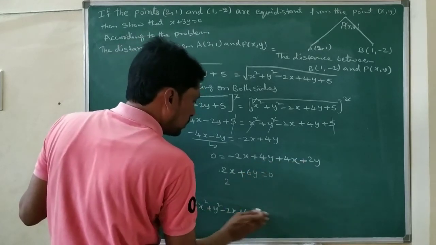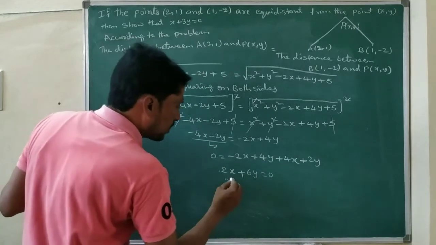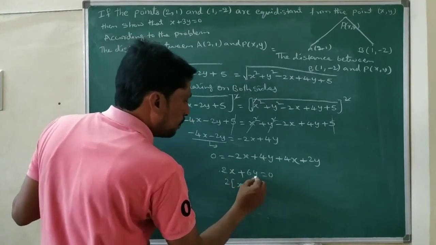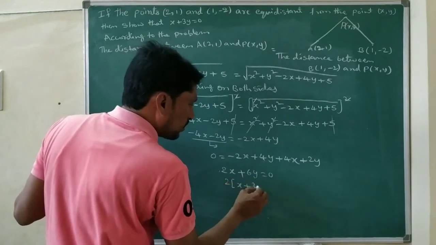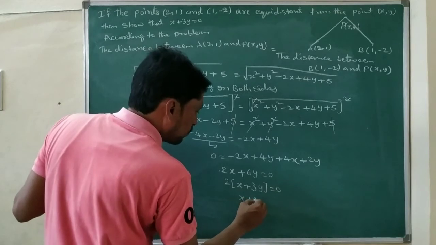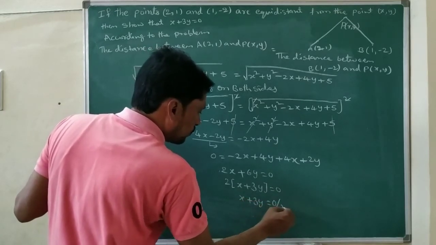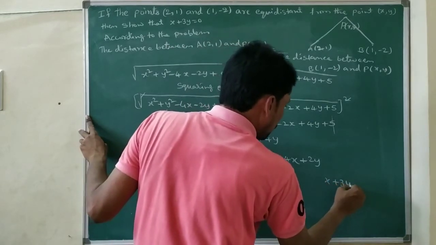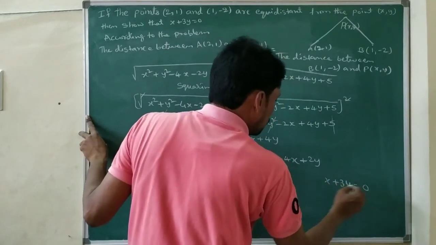2 you can take common. So we are taking 2 as common, means x, and here 2 threes are 6, y equals 0. This 2 you can transpose: x plus 3y equals 0 by 2. So what did we get here? x plus 3y equals 0 by 2, value is 0.